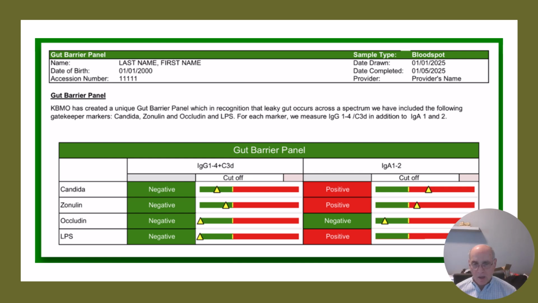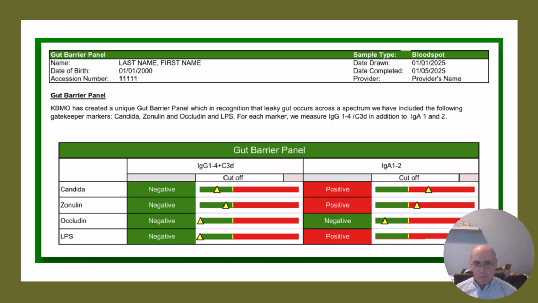So you can see this test looks at these markers at two different layers, at the IgA layer and via the complement. Remember, the complement is the innate. So you can see in this patient, they have candida, but really severe because it's deep in their tissues, because the elevation of their IgA 1 and 2 is very high.